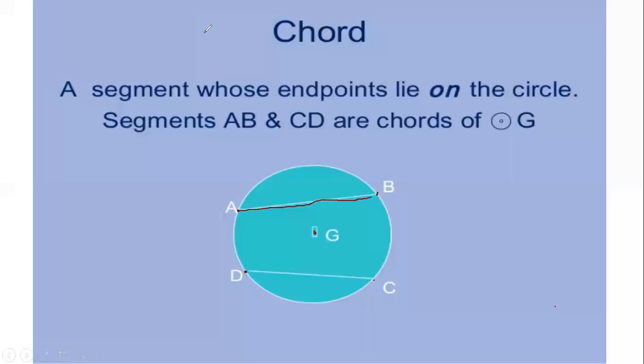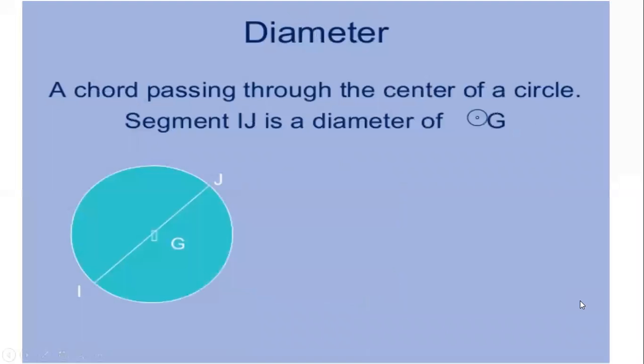So take note of the chords and always differentiate them from the diameter. A diameter is a chord, but it passes through the center. It of course joins 2 points on the circle, like point I and J, but the diameter must always pass through the center.